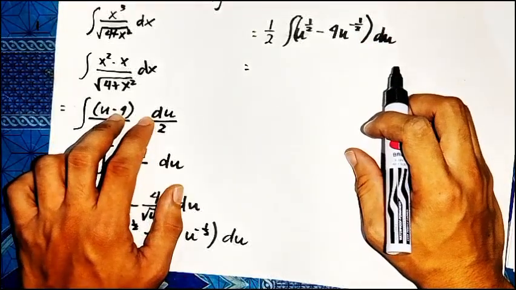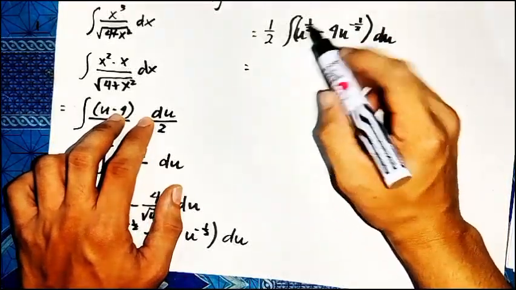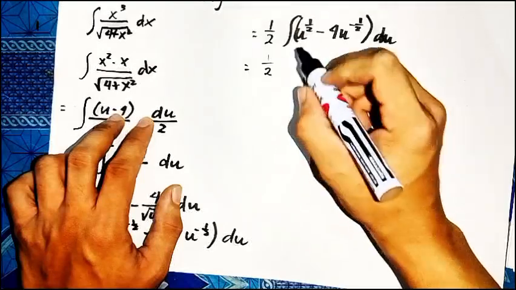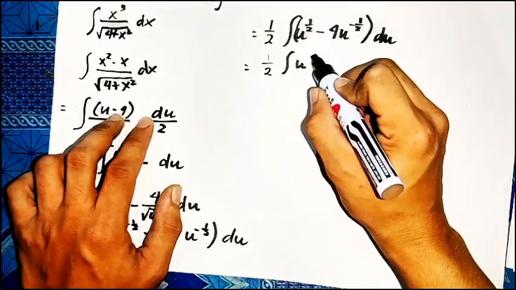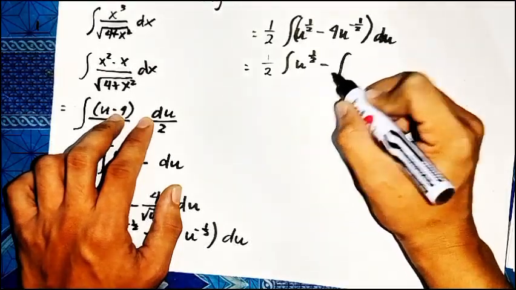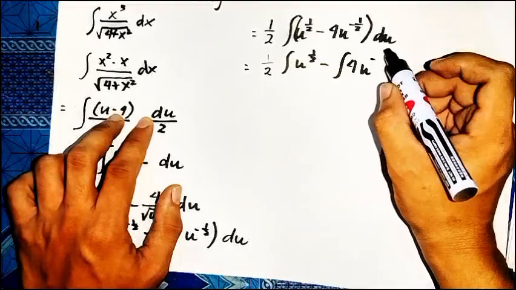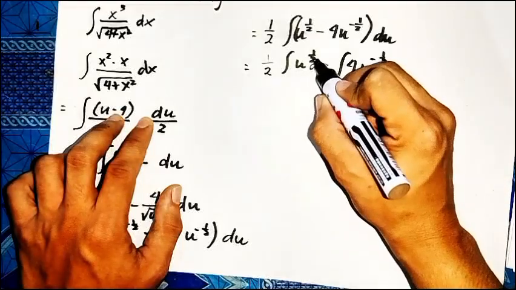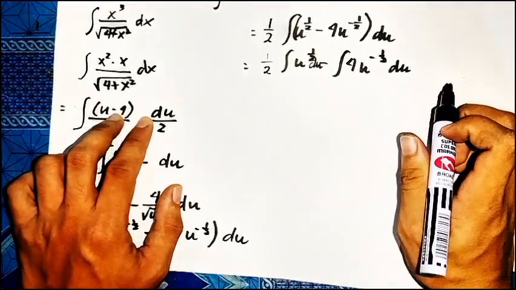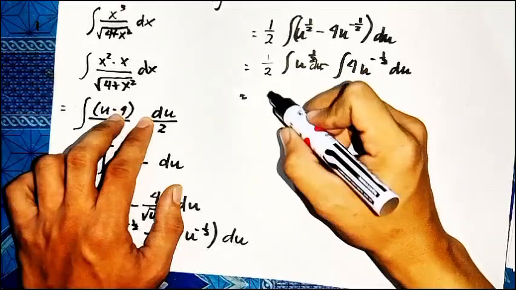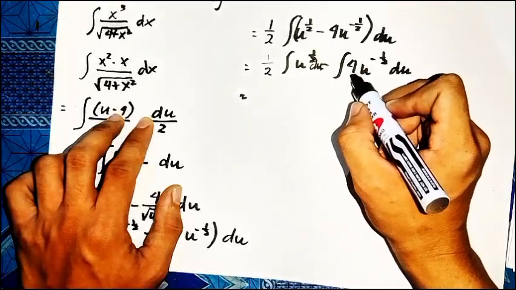Next, let's separate: 1/2 integral of u to the power of 1/2 minus integral of 4 u to the power of negative 1/2, don't forget the du here and here. Next, since we have a constant here, let's put it outside of the integral.